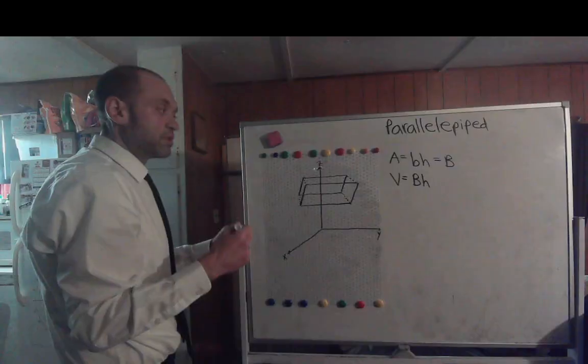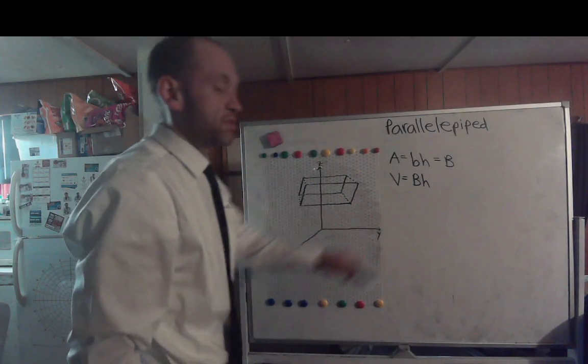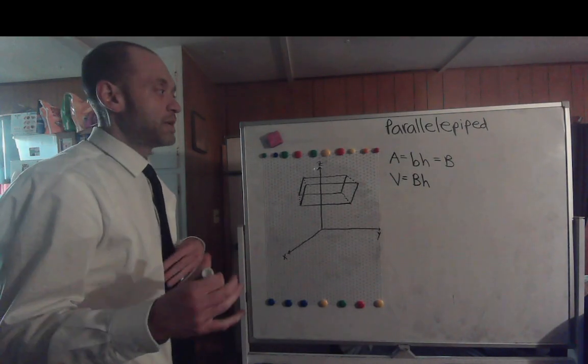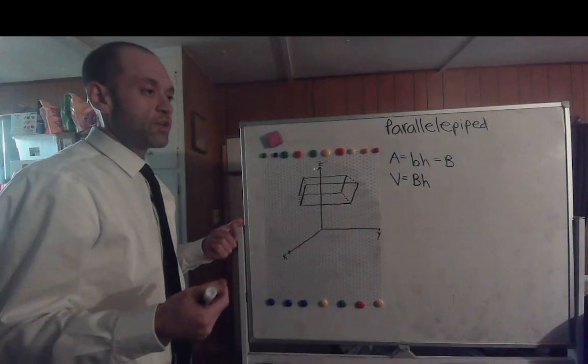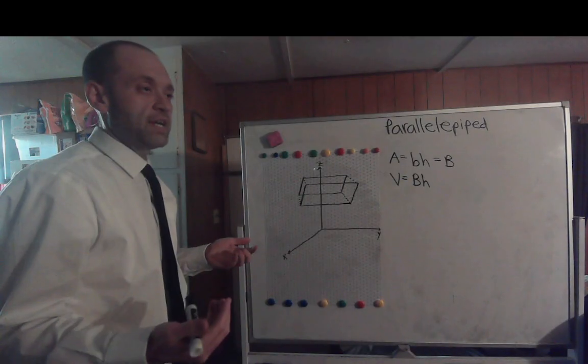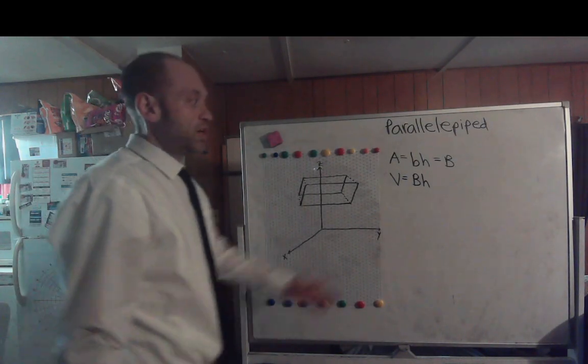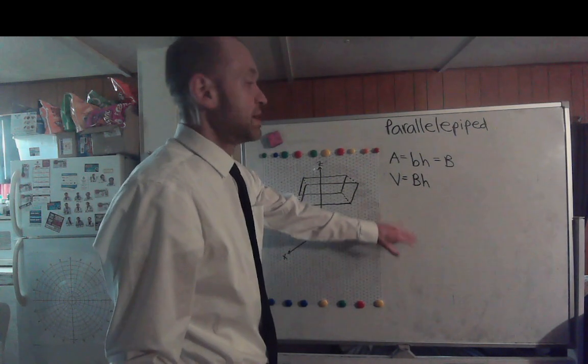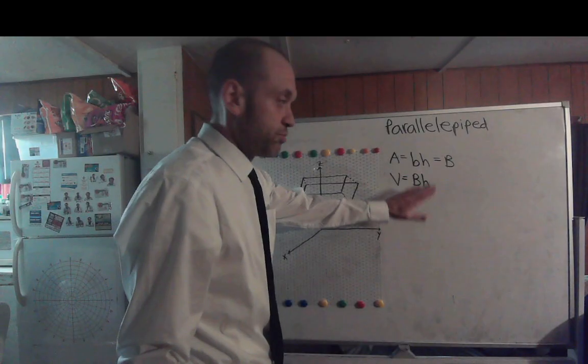Looks very similar to finding a rectangular prism's volume, and in truth it's very similar because a parallelogram has the exact same area formula as a rectangle. So the volume of a parallelepiped would have the exact same formula as that of a rectangular prism.